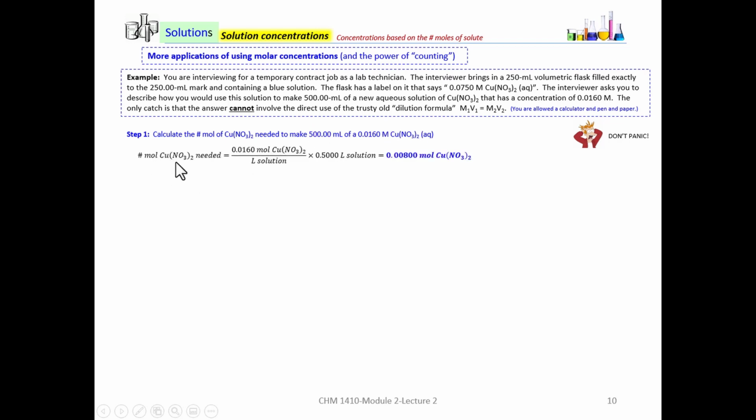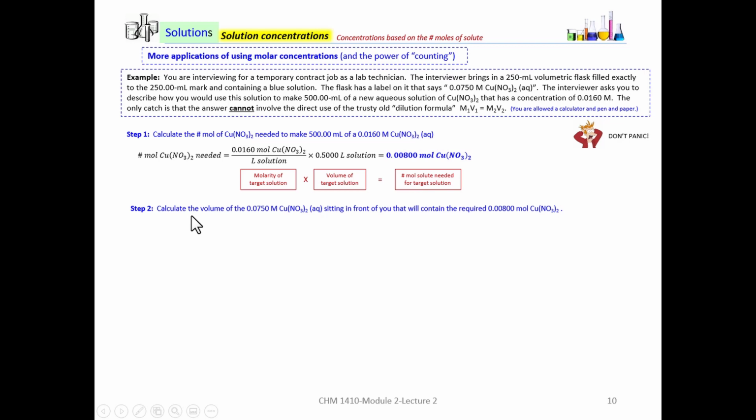The number of moles needed would be the concentration of the target solution times the volume of the target solution, and this would give you the number of moles of solute, in this case copper nitrate, needed for the target solution.